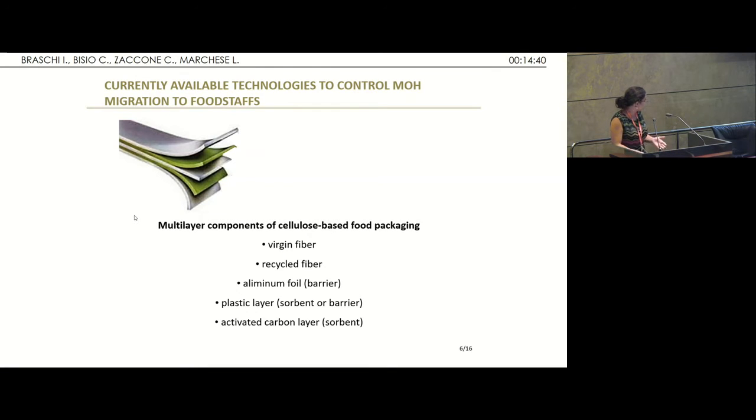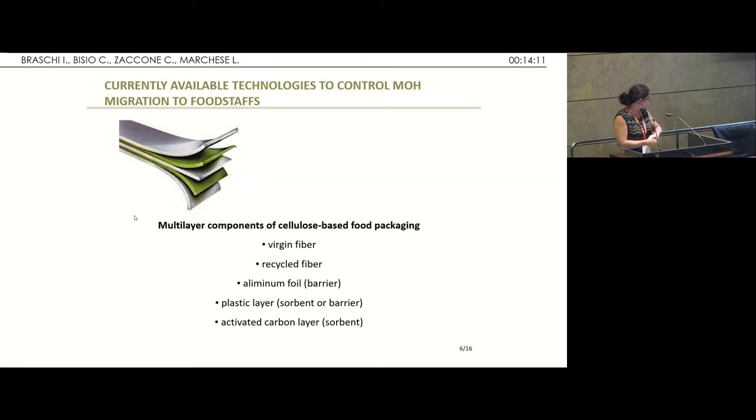Sometimes you can have an aluminum foil placed on the internal part. Aluminum is considered a very good barrier for contaminants. Then we can have a plastic layer containing the food or inserted in the multi-layer.